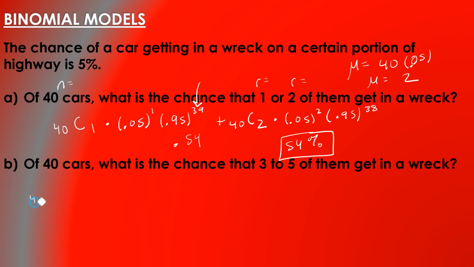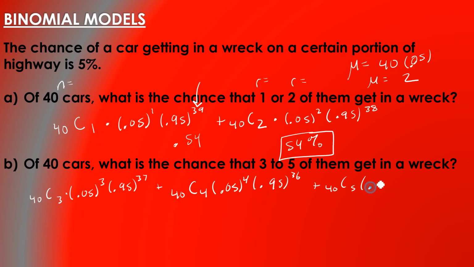Well, I'm not going to necessarily do all this and type it all in, but this is what we would ultimately be doing. 0.05 to the third, 0.95 now to the 37, now plus 40 choose now 4, because it's 3 to 5 of them, 0.05 to the fourth, 0.95 to the 36, plus 40 choose 5, 0.05 to the fifth, 0.95 to the 35th.